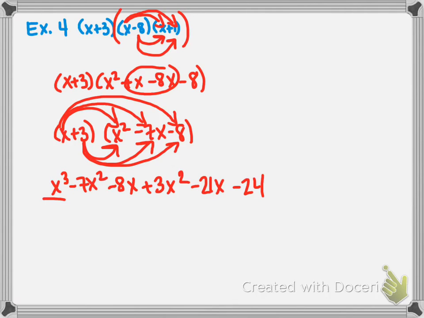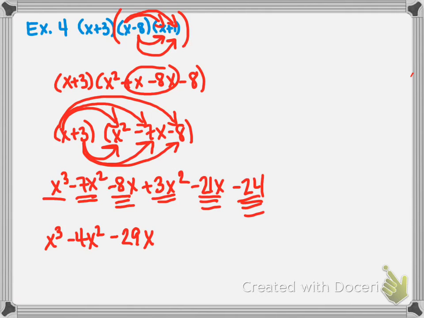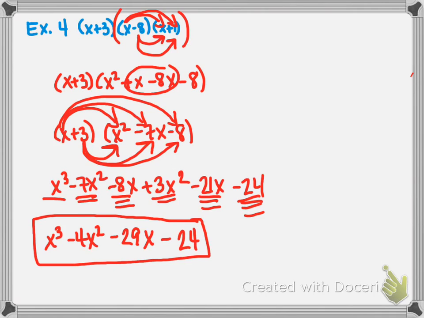So I only have one cubic term, x cubed. I have two quadratic terms. I have negative 7x squared and positive 3x squared. They combine to negative 4x squared. I have two linear terms, negative 8x and negative 21x. They combine for negative 29x, and the constant minus 24. So my product is x cubed minus 4x squared minus 29x minus 24.